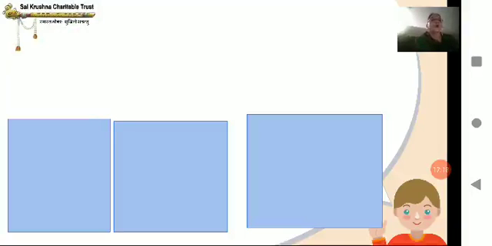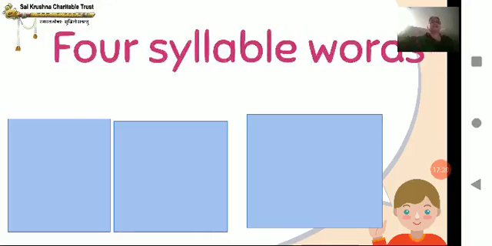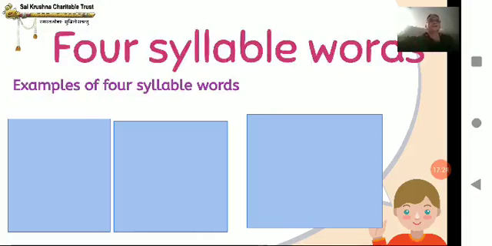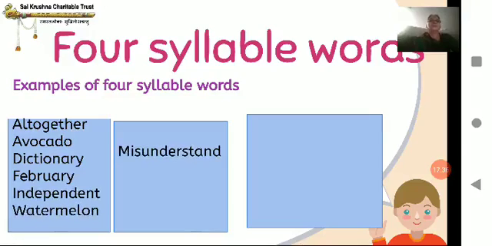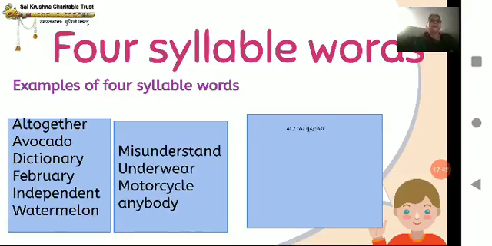Now we move on to the next, and that is 4 syllable words. You have 4 syllables. Let's see them. All together, avocado, dictionary, February, independent, watermelon, misunderstand, underwear, motorcycle, anybody.